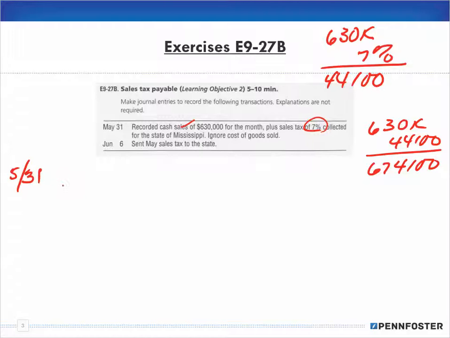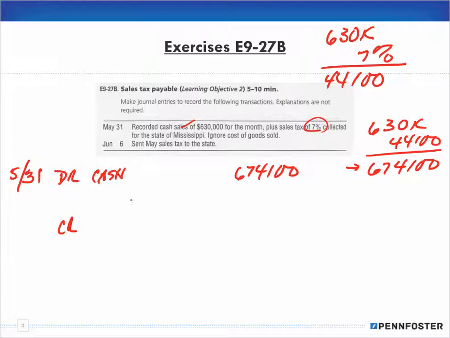So on May 31st, am I affecting cash? Yes. I'm receiving cash, I'm getting $674,100 in cash, so I debit my cash for $674,100. Debits have to equal credits, so I'm going to credit. Well, what am I crediting? Cash sales, so I'm recording revenue.